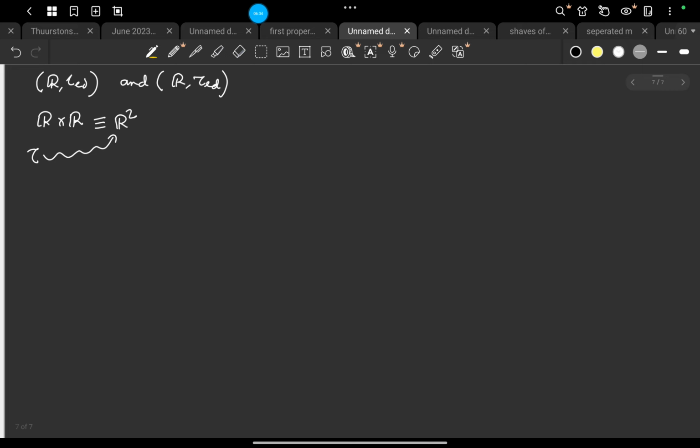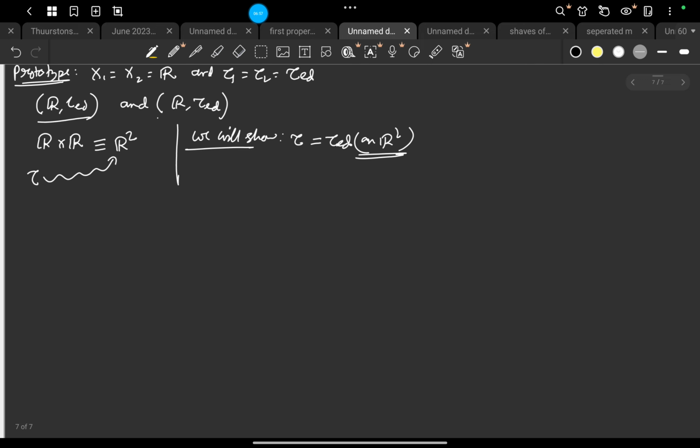In fact, I will show that the topology that we will construct is basically the same as tau_Ed on R2. So the product topology on R2 is nothing but the normal Euclidean topology on R2.